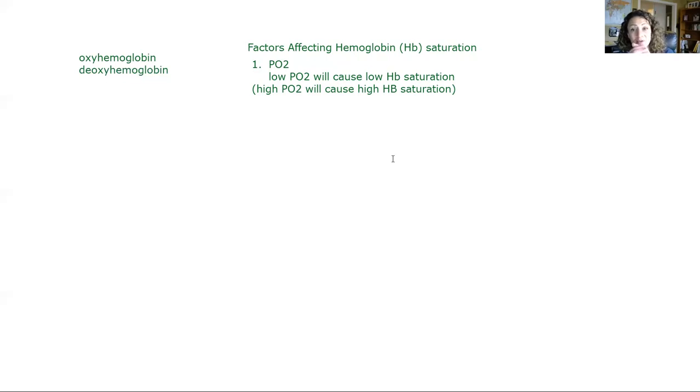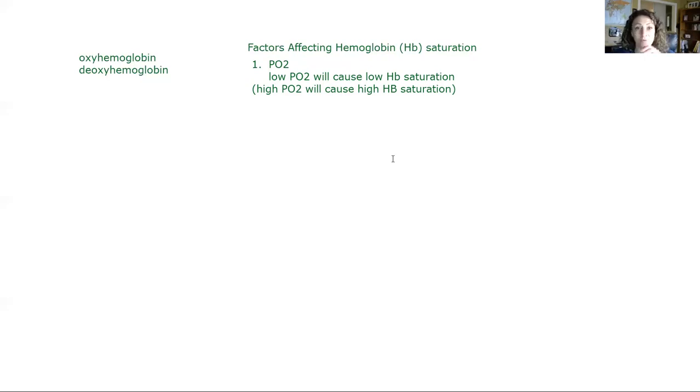As that hemoglobin approaches the exercising muscle, PO2 is low at the exercising muscle, right? Because the exercising muscle is bringing the oxygen in, therefore the blood there is low in oxygen. So when the hemoglobin arrives at the exercising muscle where PO2 is low, it's going to release its oxygen. Saturation will decrease. Let me say that again. PO2 is high at the lungs. When PO2 is high, hemoglobin will have a high affinity for oxygen.